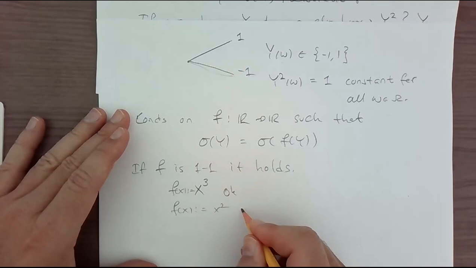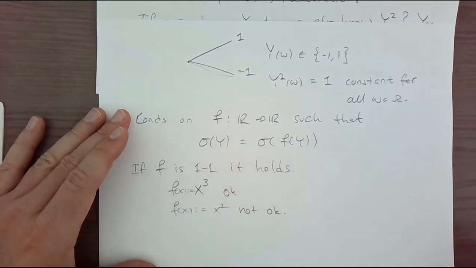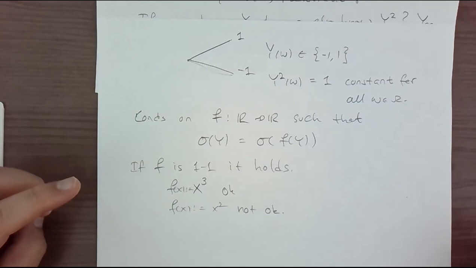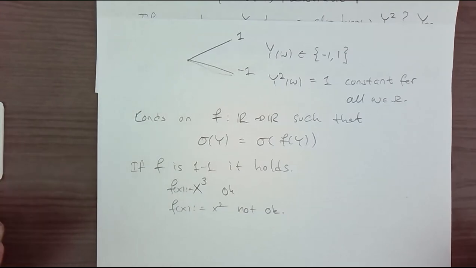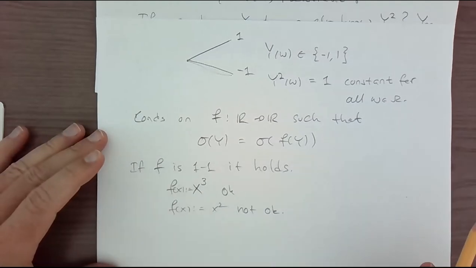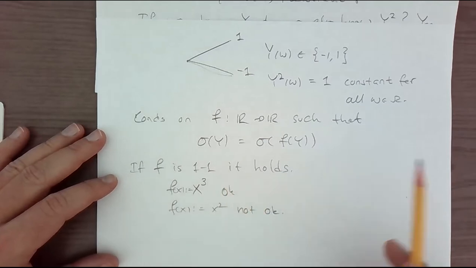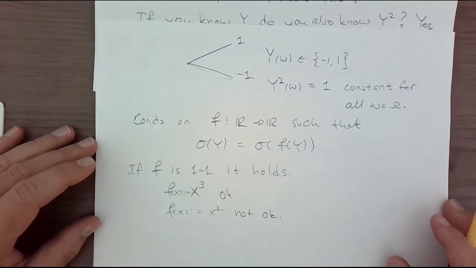This one is okay, this one is not okay. So it's sufficient to be 1-to-1, but it's not necessary.